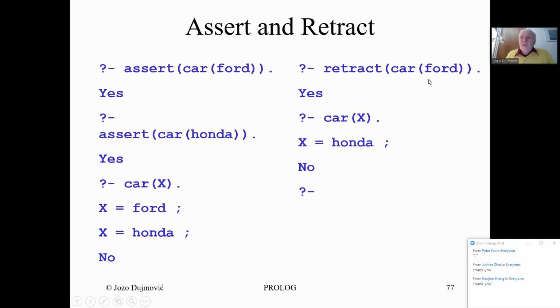So you can say, for example, male is Tom, male is John, male is Peter. And after that, female is Anne, female is Mary, female is Kim, for example. And then you assert all these things. And you can say assert person is P if P is male or P is female.